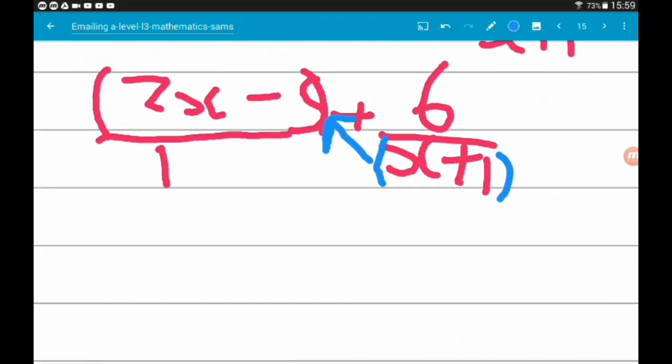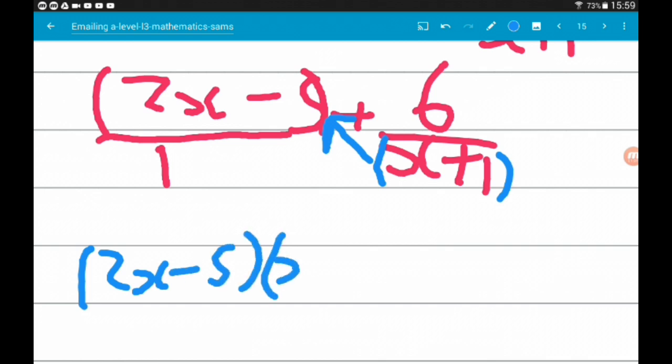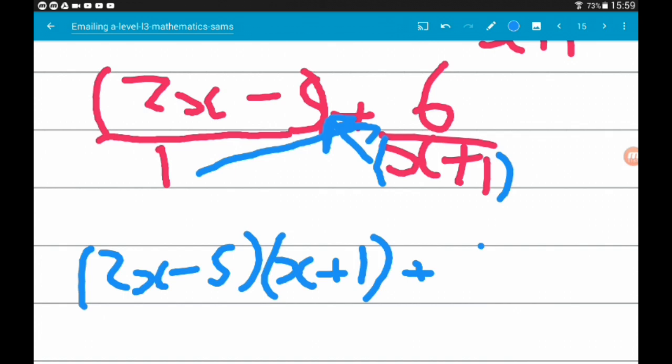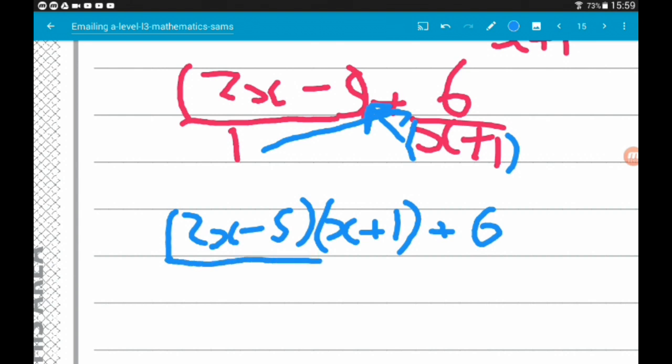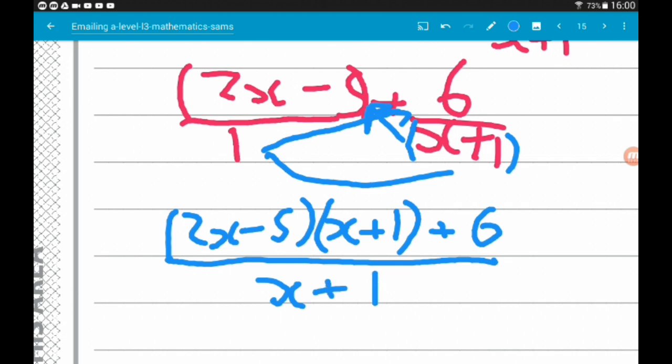So that's (2x minus 5) times (x plus 1), and then whatever the sign in the middle is, so here we're adding, and then the bottom of the first times the top of the second, so that's just add 6, and then it's all over the two bottoms multiplied together. So it's all over x plus 1.